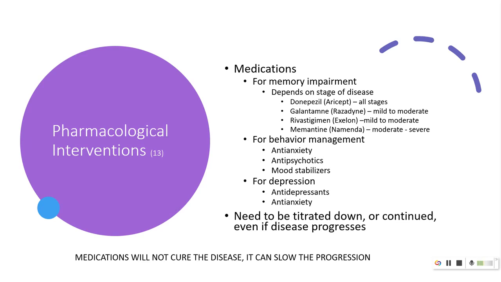Well, instead of going down that hill too fast, Aricept will keep that hill not quite as steep. So they'll hang on to that memory for a longer period of time. So it slows the progression down.